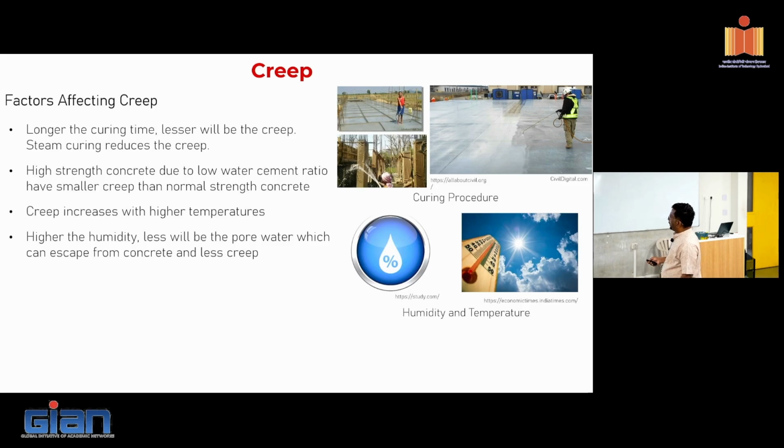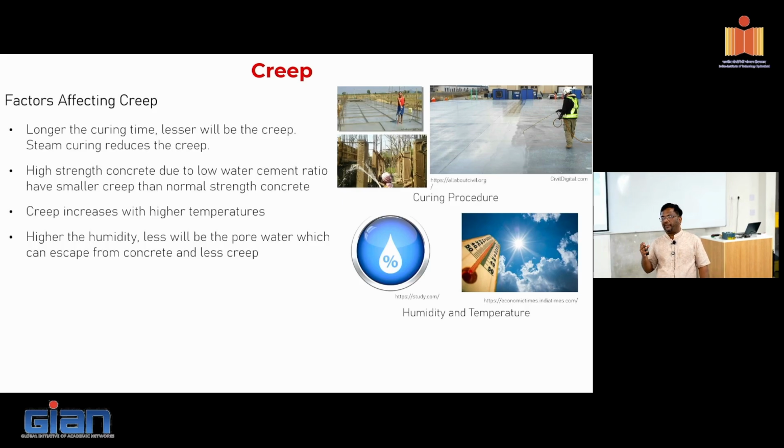And the higher the humidity, the lesser the pore water which can escape from the concrete, and less creep. So why does the humidity play a role? What is humidity? The definition of humidity is the amount of water vapor in the air, right? Air has a capacity to absorb some moisture. If it is already fully saturated, then it cannot absorb any moisture. Typically in Hyderabad, which has a very dry climate, the relative humidity is 40-45%.